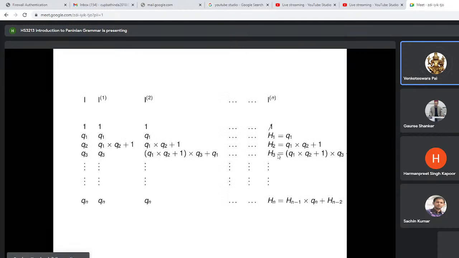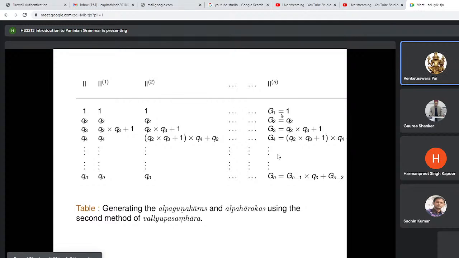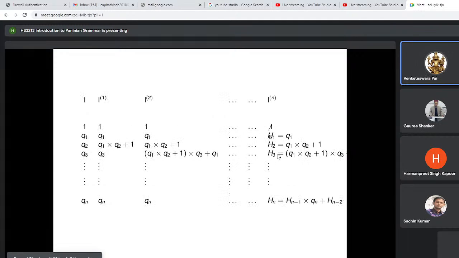So finally, you will obtain at the nth column, if you repeat the process, 1, Q1, Q1 into Q2 plus 1, etc., and Hn minus 1 into Qn plus Hn minus 2. So all these terms would give you the successive divisors, or H represents hara, the successive haras, okay?